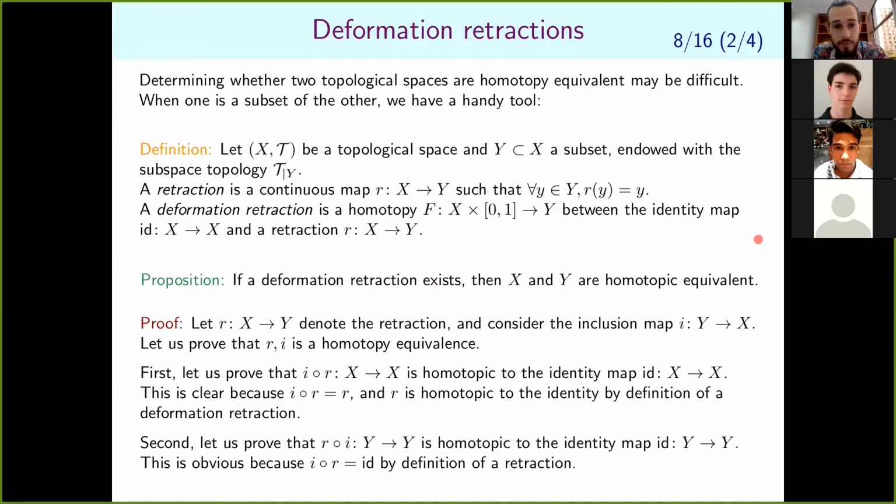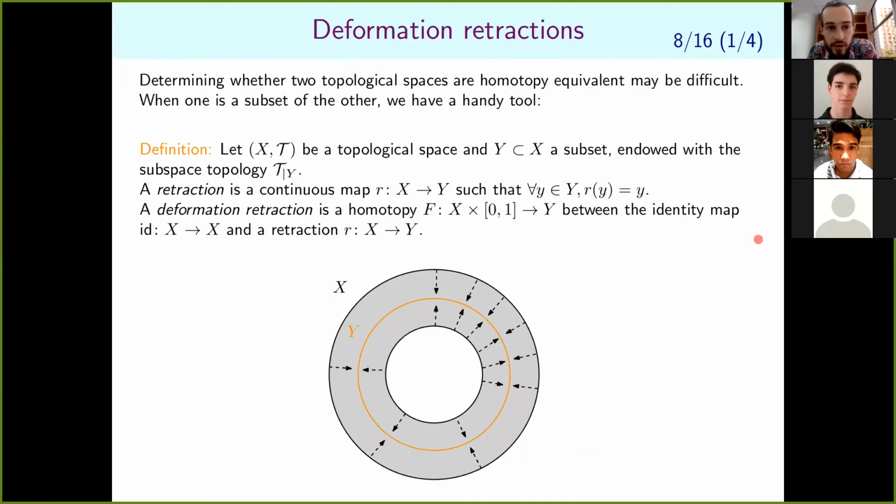Let's prove that. So Lucas says in the chat that the identity map and R do not share the same codomain. That's right.